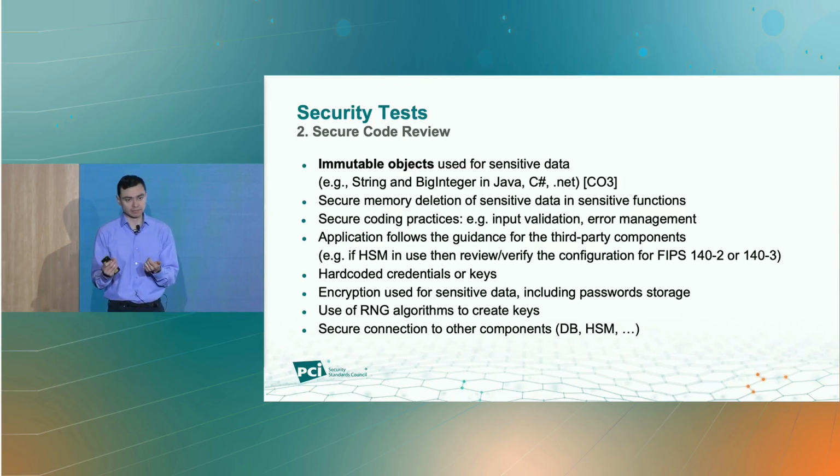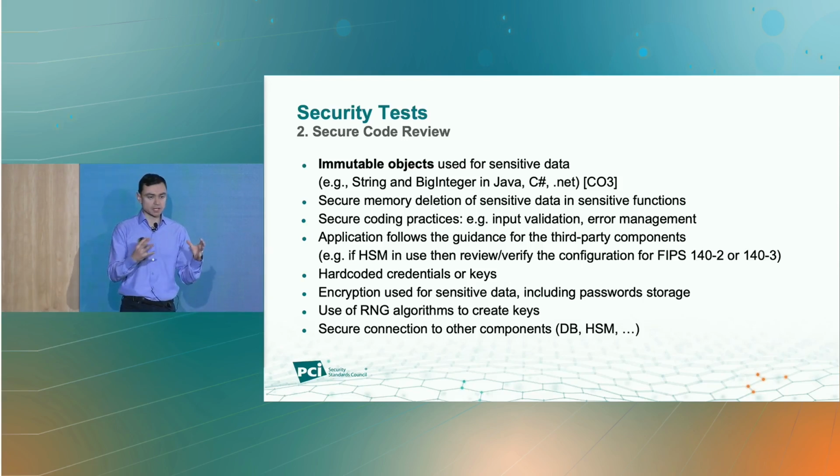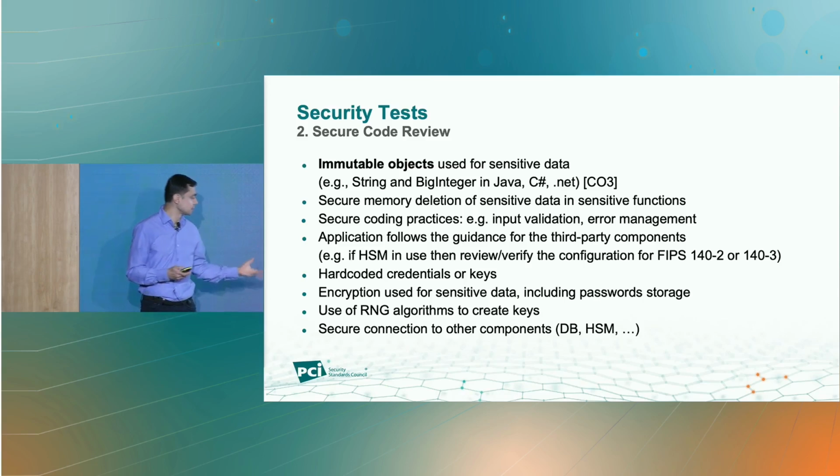Remember that sensitive data, in this case, is not only payment information. It may be any privileged information, credentials, or sensitive technical information that is relevant or critical for the operation of the application itself, and multiple technical interactions with the application at that point.